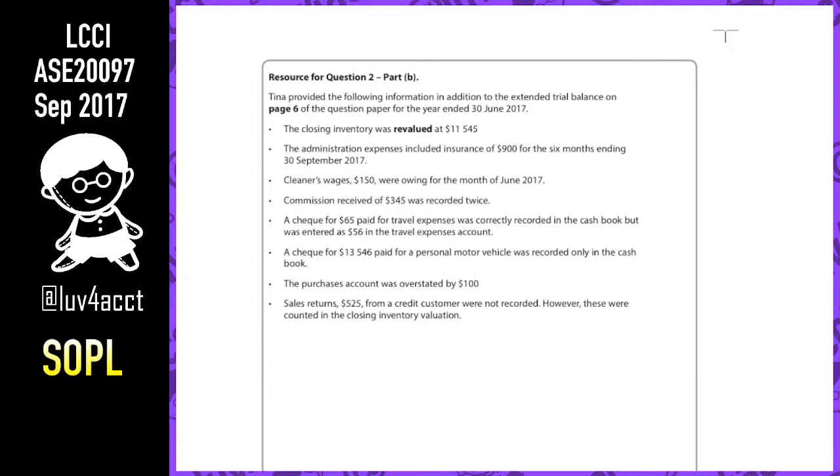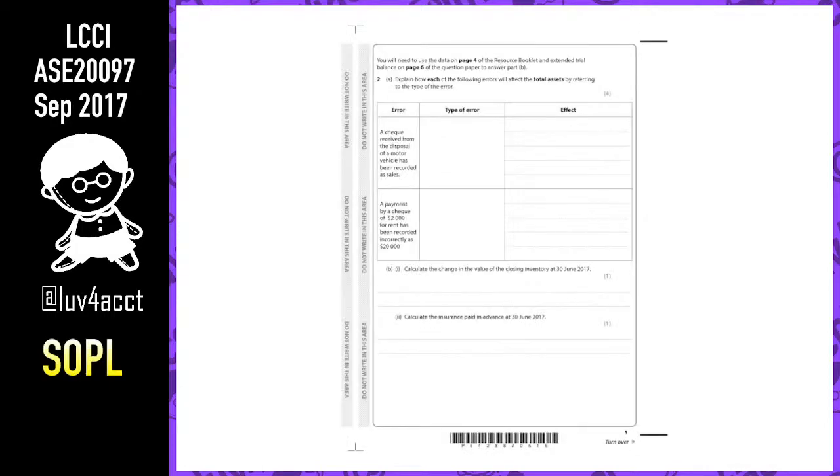Question 2. I think it is our old friend, extended trial balance, but let's see. Yes, 4, 5, 6, 7, 8. So we have 8 items, and then type of error, and then the effect, it's 4 marks.